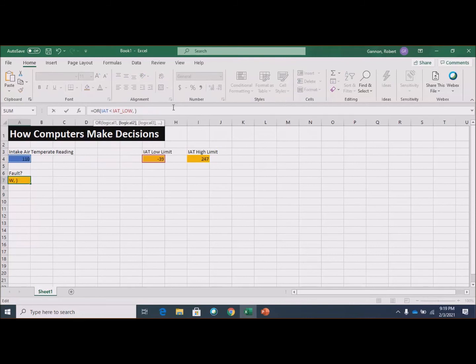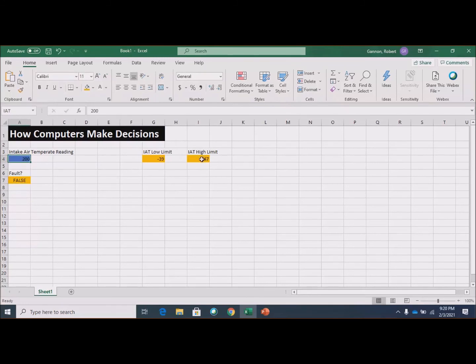Now we're saying if either of these is true, if we're less than our IAT low limit, or if we're greater than our high limit, we're going to have a problem. So right now we're between the negative 39 and the 247. If we go down to negative 40, our light pops on. If we're at 200, it's off.